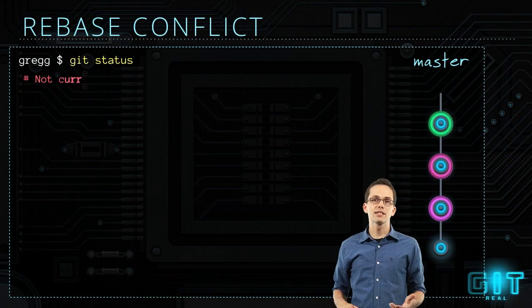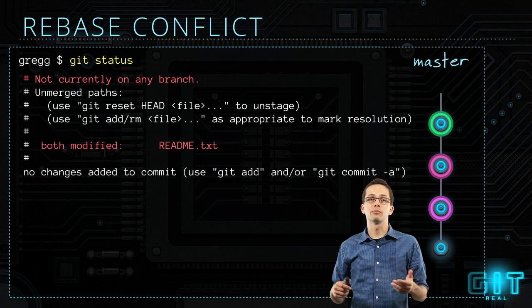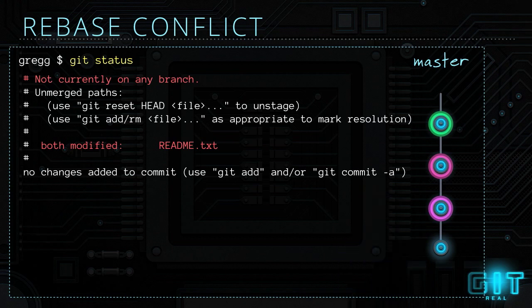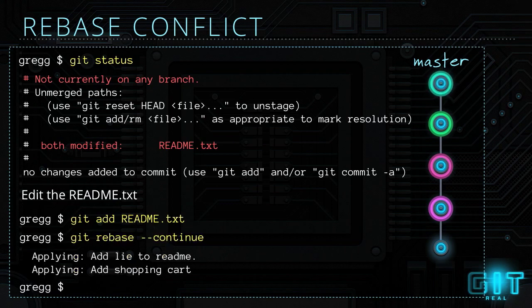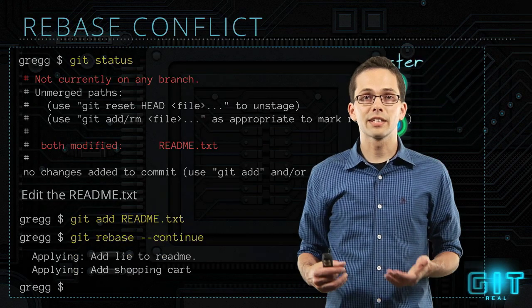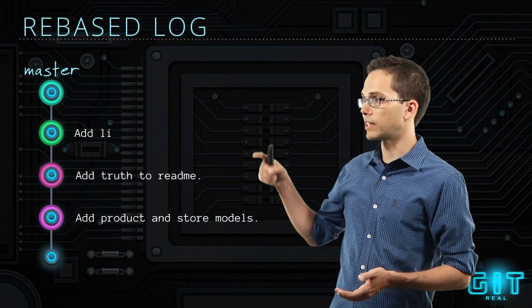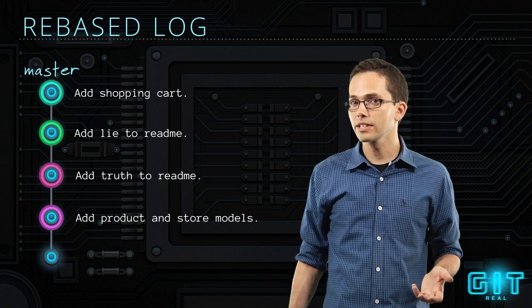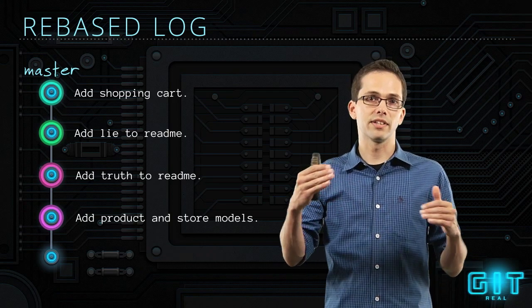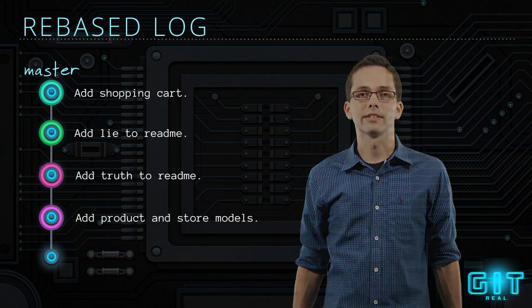If we run a git status, we would see that we're not on any particular branch. We're in the middle of the rebase. So after we edit the readme, we do git add readme, then we type git rebase --continue, and it continues applying the commits. If we took a look at the commit messages at this point, it would look something like this. So once again, you can see there is no merge conflict. It's all just one after the next, and feels a bit cleaner.